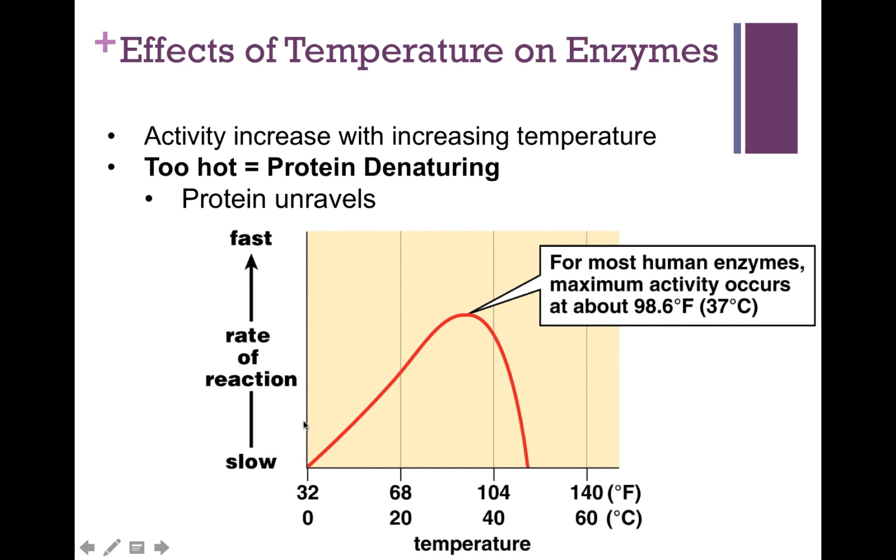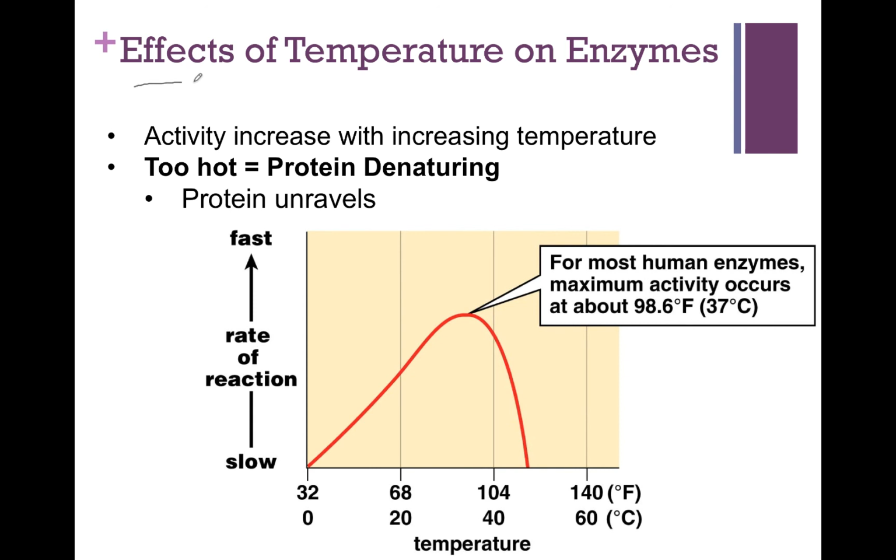So let's take a look. This is the general effect of temperature. As you increase temperature in a chemical reaction with an enzyme present, you will increase the enzyme reaction. If you look at this graph, anytime you see a graph, you want to analyze it immediately. How do you do that? You look at the X and Y axes and look at the title.